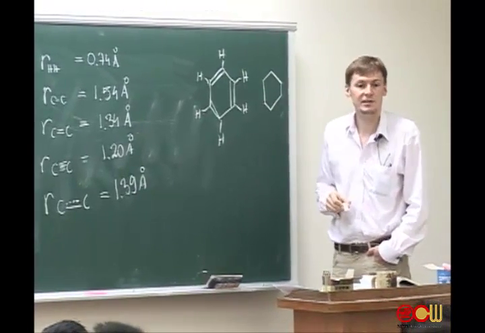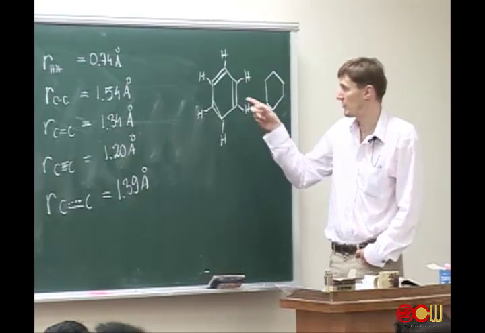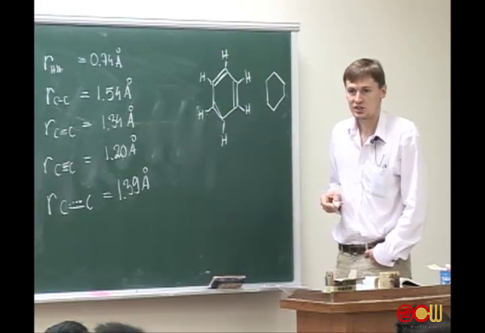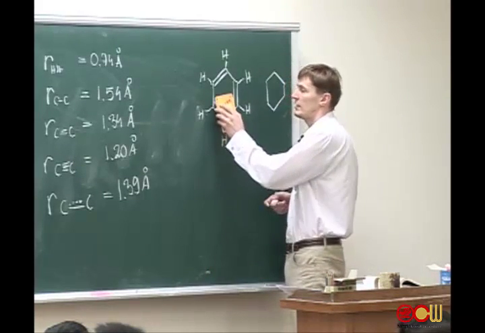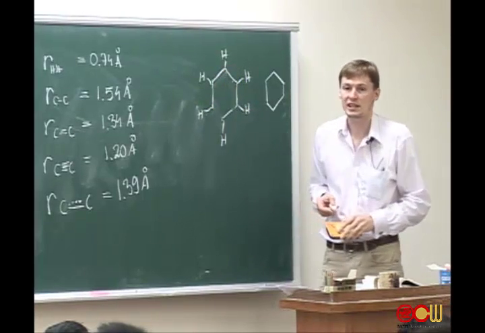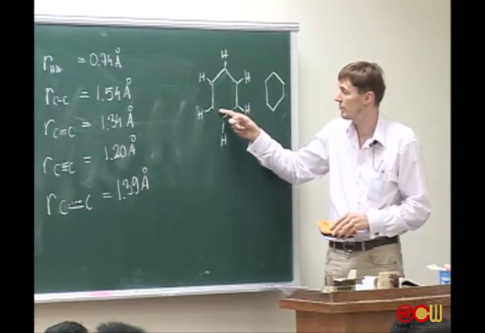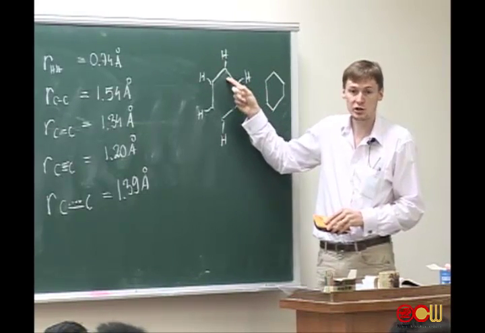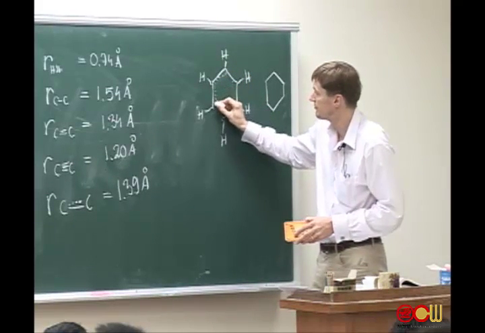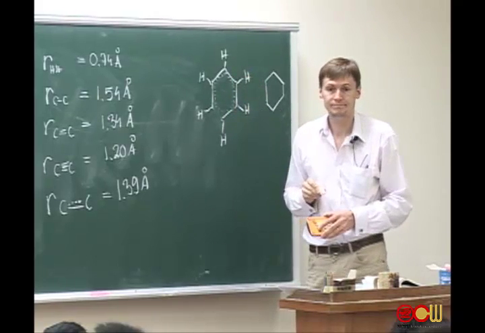The question is, does it look like that? And the answer is no, it doesn't. It's perfectly symmetric. So the correct way of writing these 3 double bonds is to say that these 3 double bonds are everywhere in 6 positions. So the only thing I can do is put a half everywhere, like that.